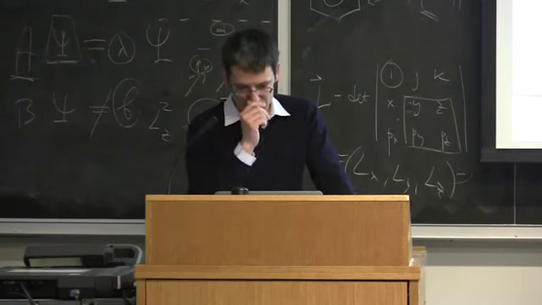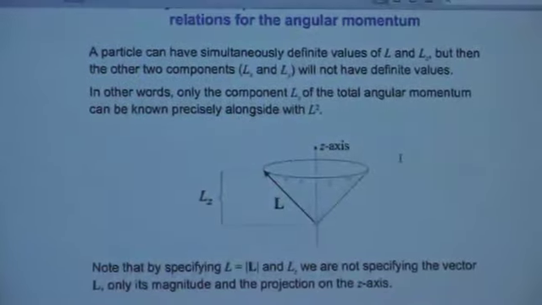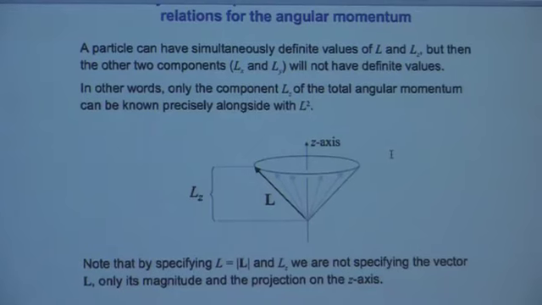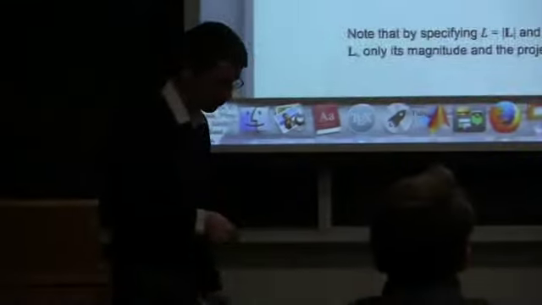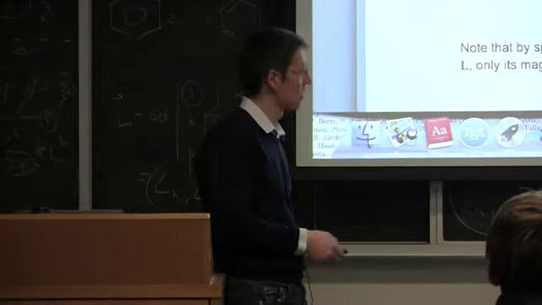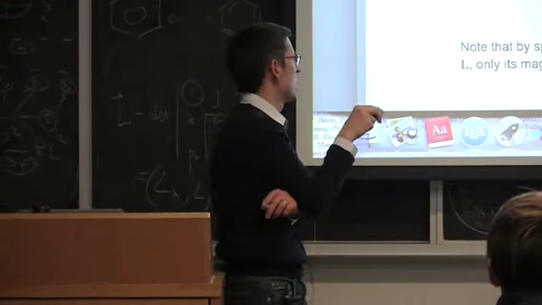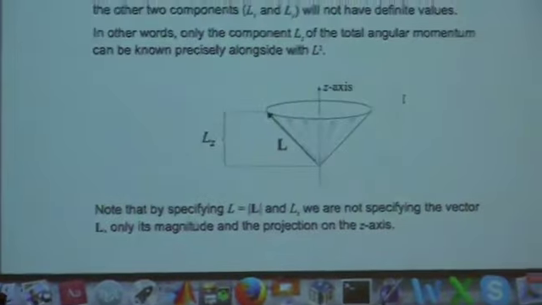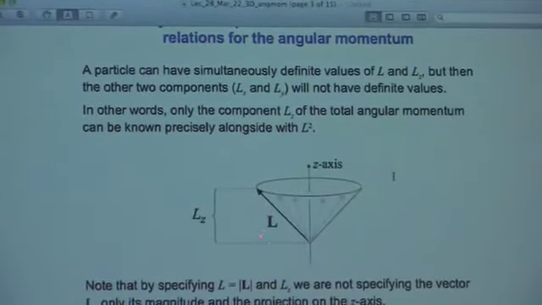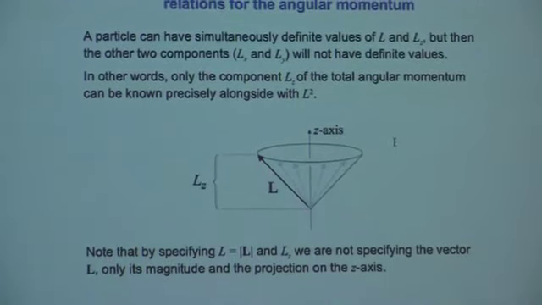And this is essentially the physical interpretation of what I was telling you before: since only L square commutes with all the operators, this is a very typical diagram people like to draw. You have an operator, and it's presented as a vector.